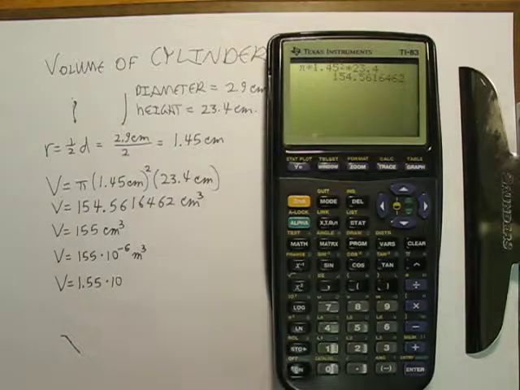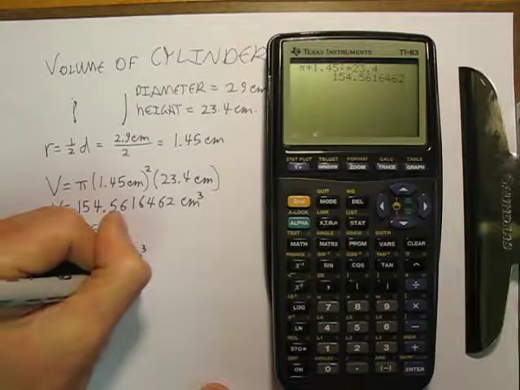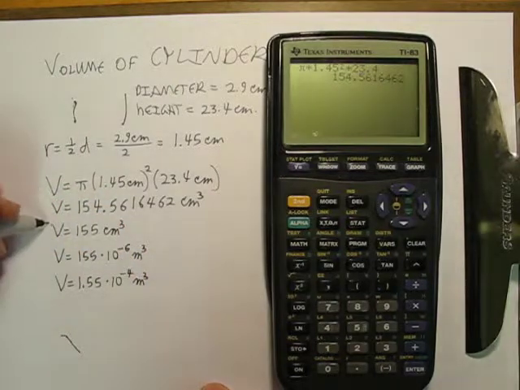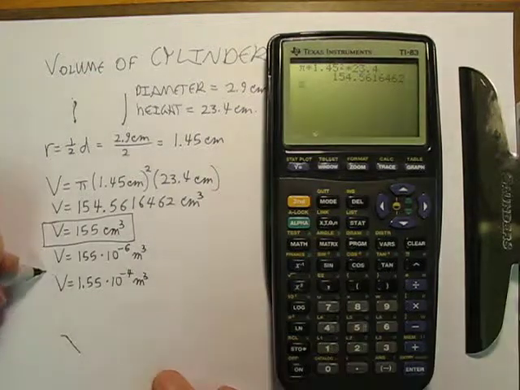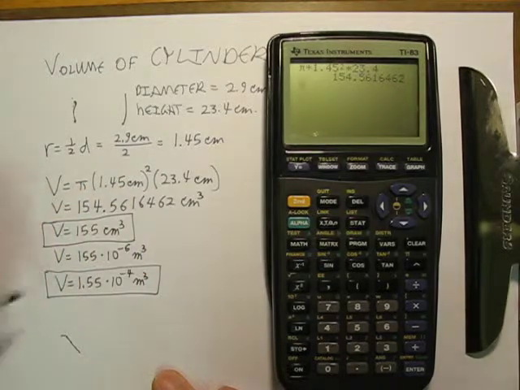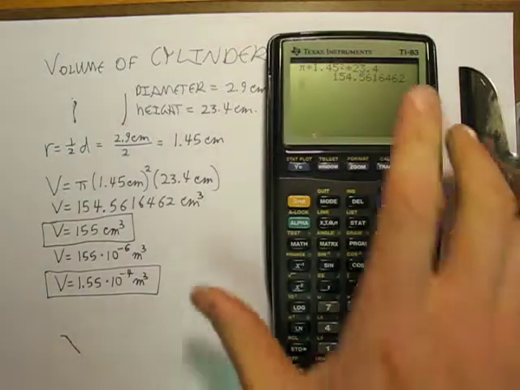When we have a negative exponent that we're making larger, that means add 2. So negative 6 plus 2 is negative 4. So the volume of my cylinder is either 155 centimeters cubed, or it is 1.55 times 10 to the negative 4th meters cubed.